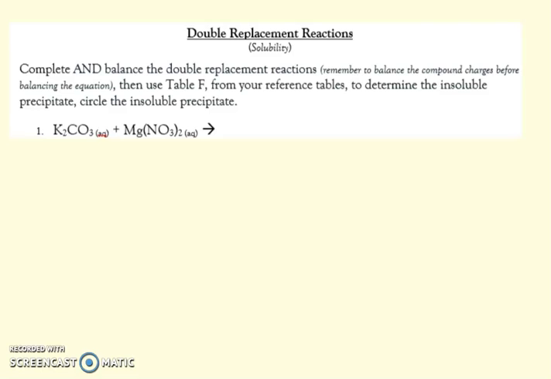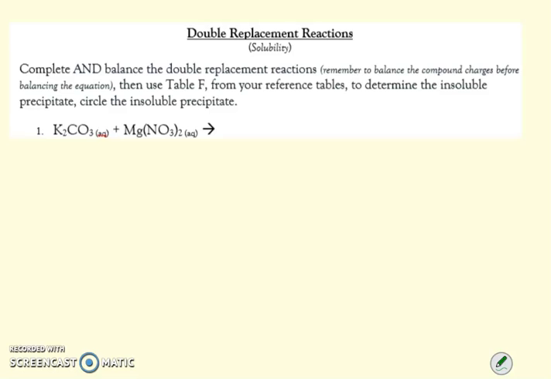Table F will help you determine that insoluble precipitate. In this example, we have potassium carbonate, K2CO3, and magnesium nitrate. As it stands, both potassium carbonate and magnesium nitrate are soluble, okay?